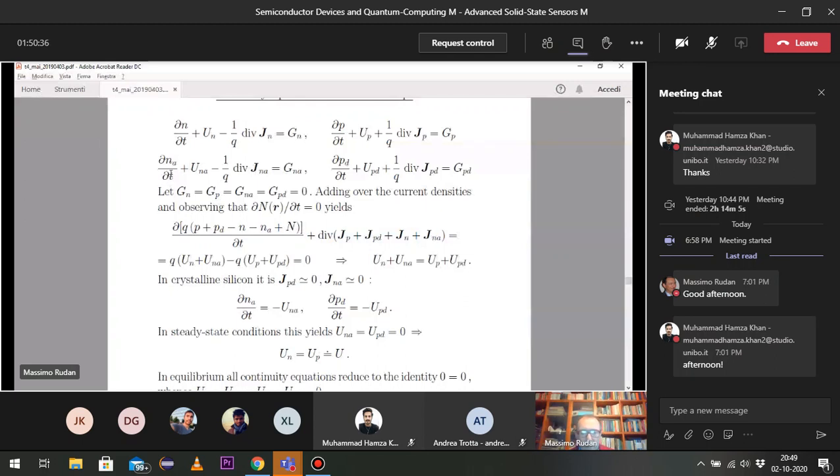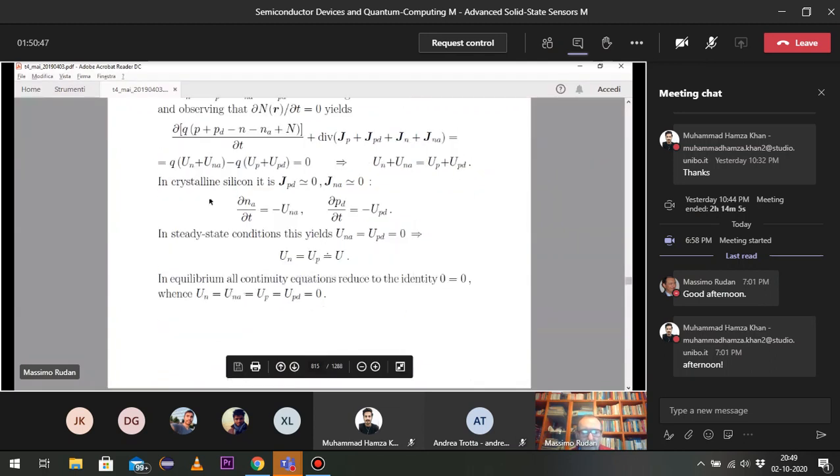So these two equations reduce to the equations that are written here. The time derivative of NA is equal to minus UNA, and the time derivative of PD is minus UPD. So the two continuity equations have become local. There are no space derivatives anymore.